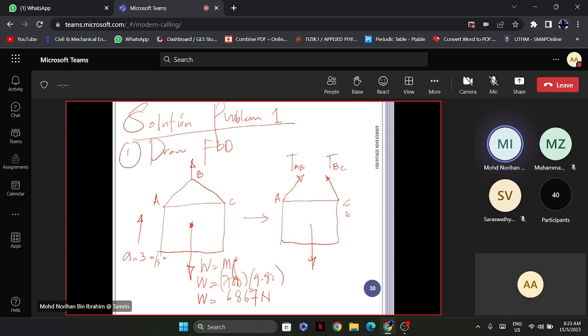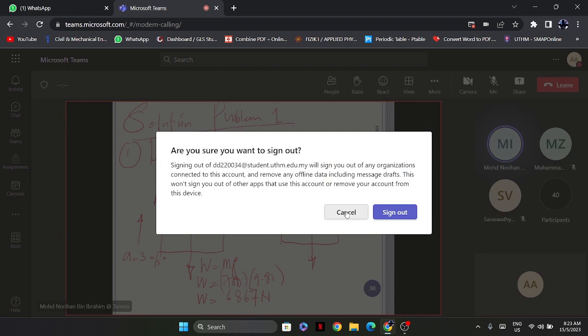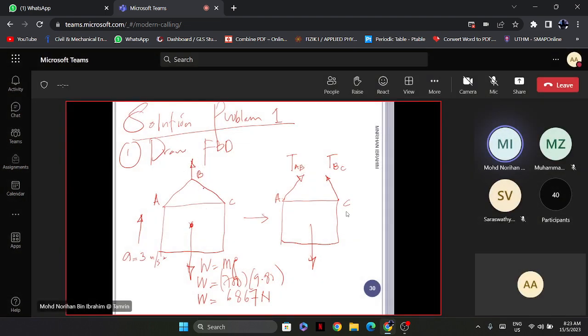You need to find out the force in each supporting cable, TAB and TBC.